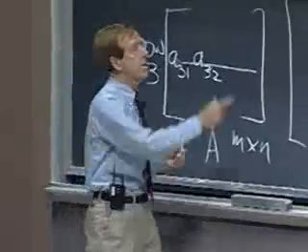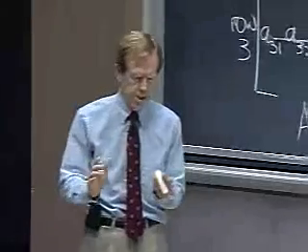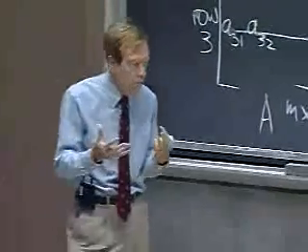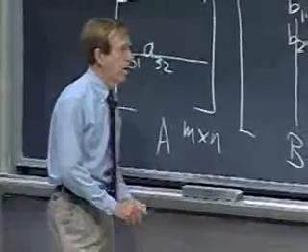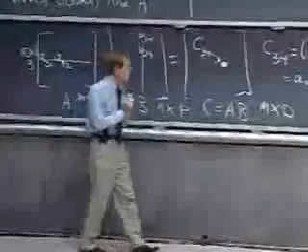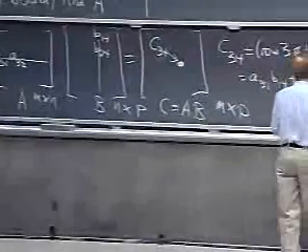But I want to talk about other ways to look at that same calculation, looking at whole columns and whole rows. So can I do A times B equaling C again?